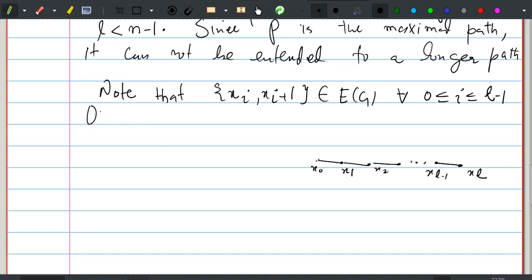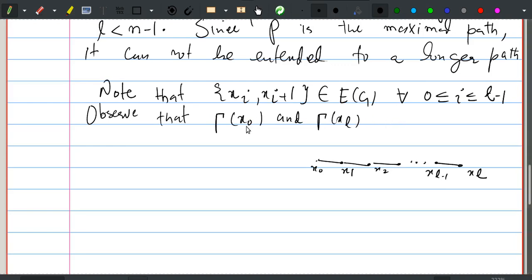Observe that neighbors of x0 and neighbors of xl: this is the set of all vertices in G which are adjacent to x0, and this is the set of all vertices in G which are adjacent to xl.